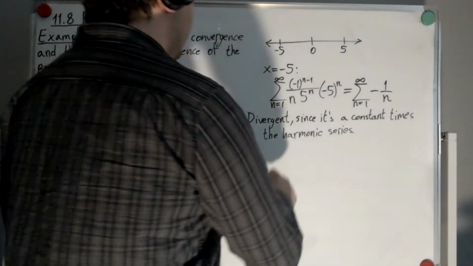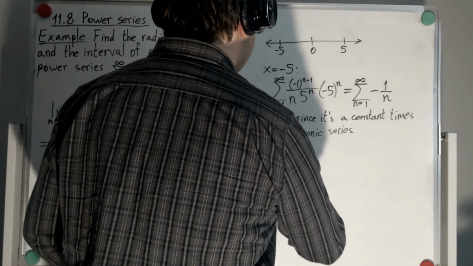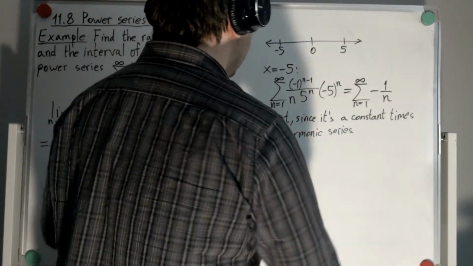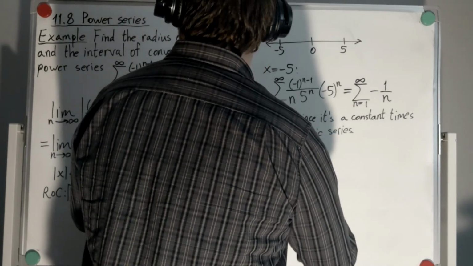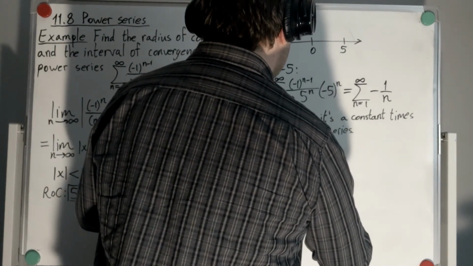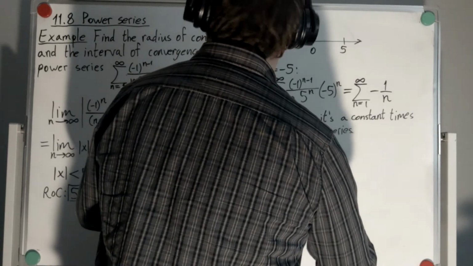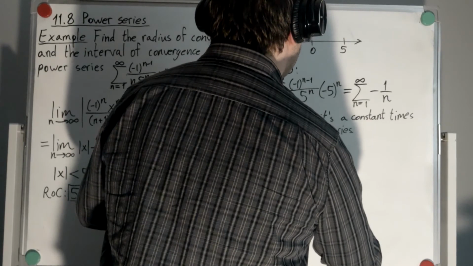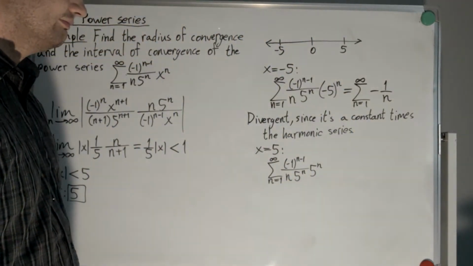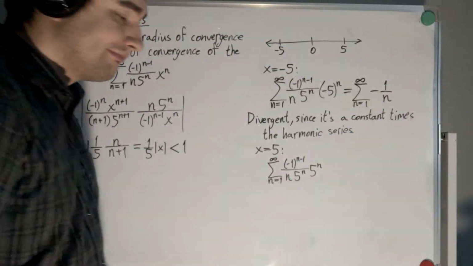Okay, and also we need to check if x equals 5. So if x equals 5, this becomes the sum from n equals 1 to infinity of negative 1 to the n minus 1 divided by n 5 to the n times 5 to the n. The 5 to the n's cancel.